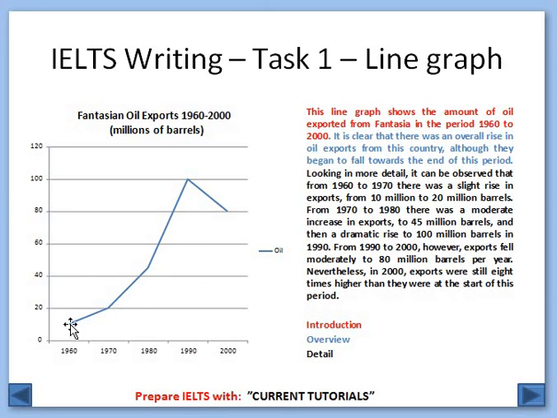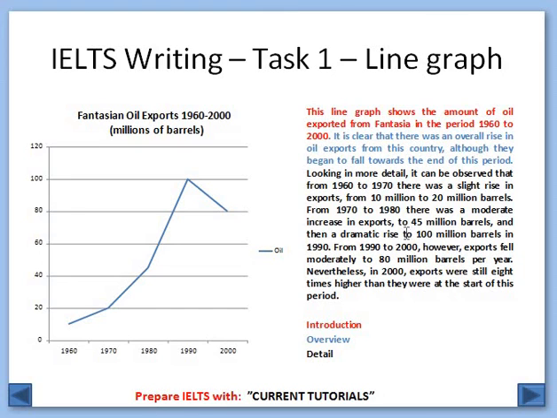From 1970 to 1980 there was a moderate rise, which is more than a slight one, in exports to 40 million barrels. So here it's 45 million barrels.